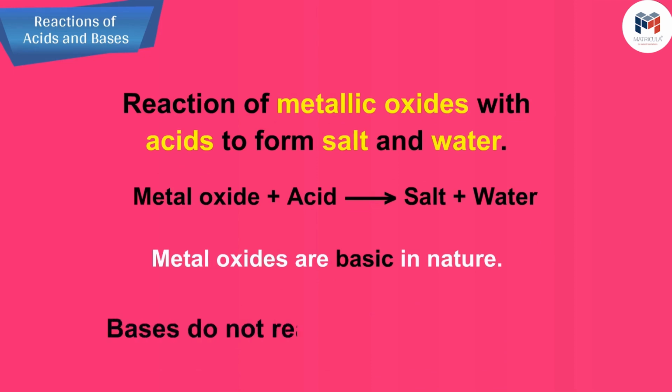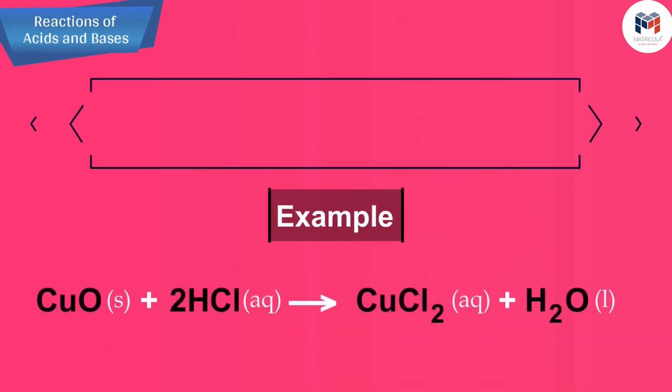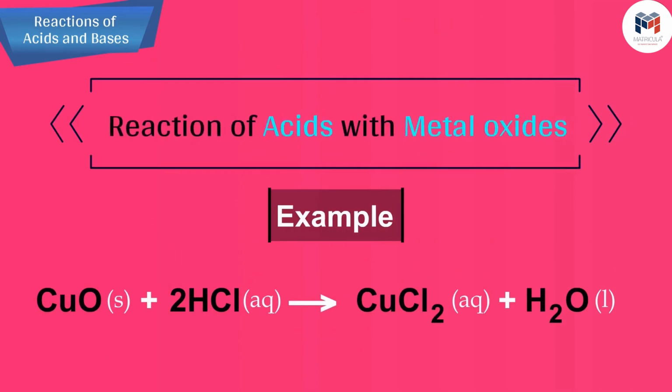Bases do not react with metal oxides. So, let's discuss an example of reaction of acids with metal oxides. Say copper(II) oxide is a metal oxide. To it, add dilute hydrochloric acid. It reacts to form copper(II) chloride and water.